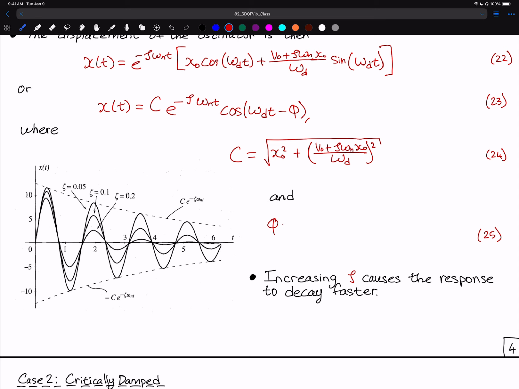And phi here, the phase angle, is the inverse tangent of zeta omega n x0 plus v0 over omega d times x0.